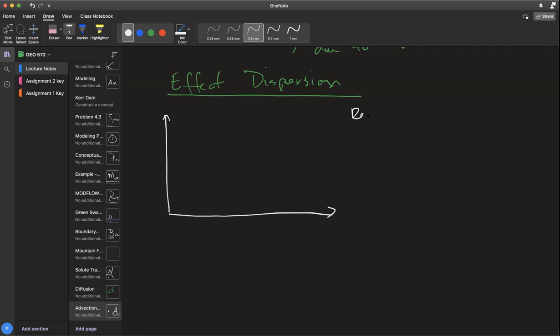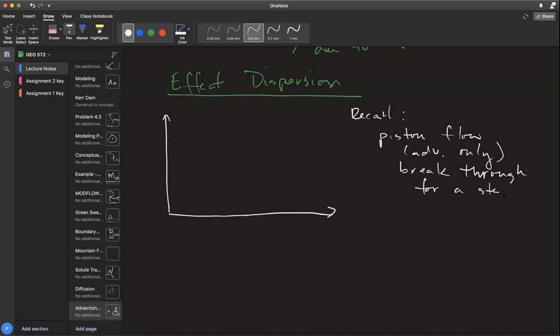So recall piston flow, i.e. advection only. Breakthrough for a step change at the inlet.